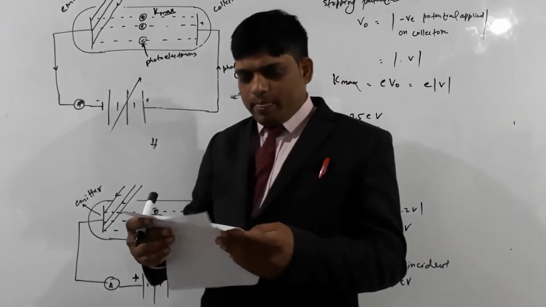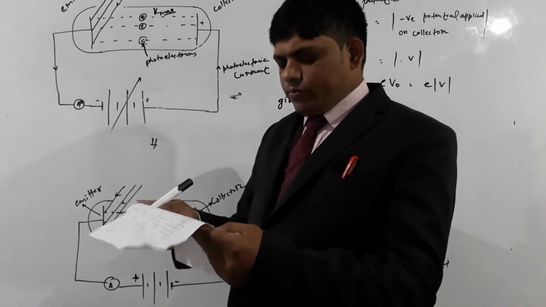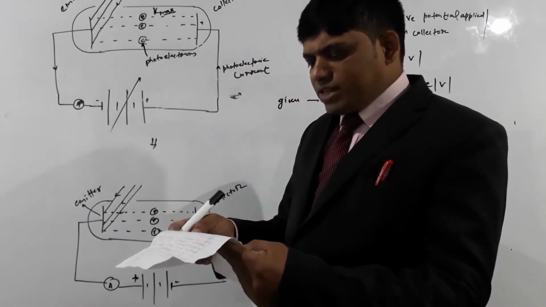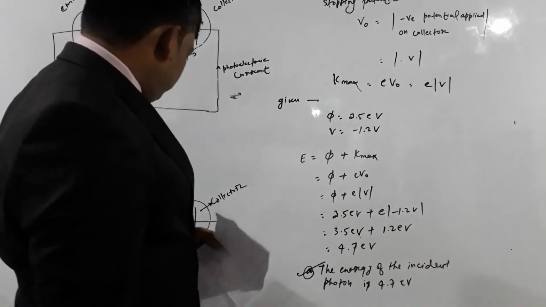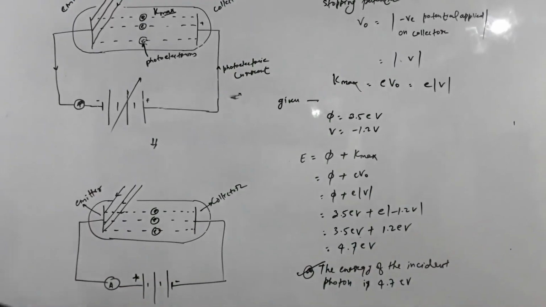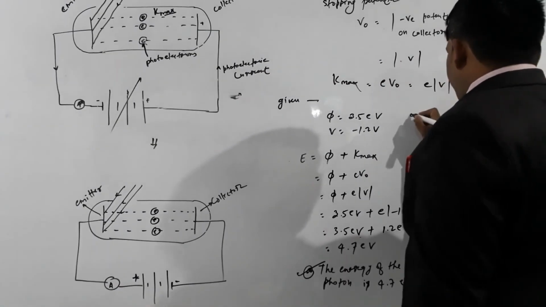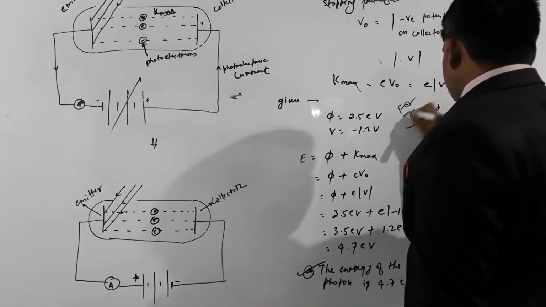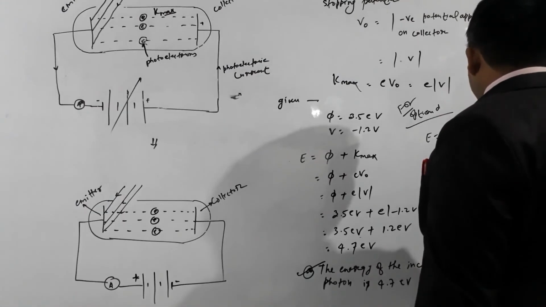this is wrong. Option D: when the energy of the photon is 3.5 electron volt, the photoelectric current will be maximum. Now we are checking option D. So for option D, E is equal to phi plus K max.